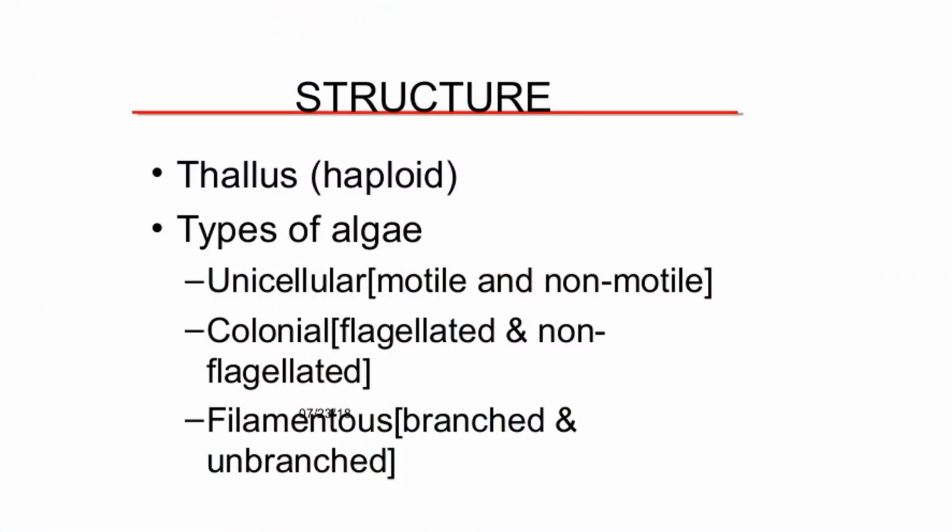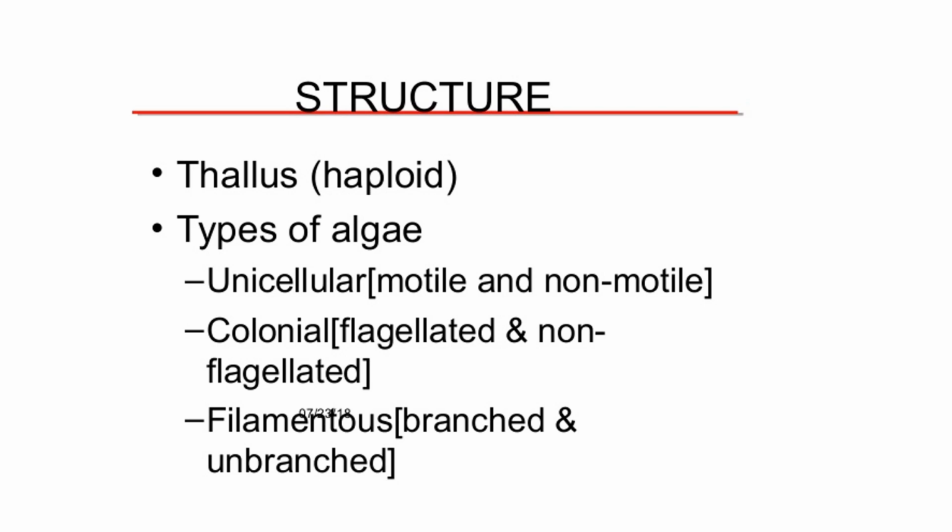First of all, you need to know what a thallus is. Thallus is mostly a haploid plant body, and it does not have a root, stem, or leaf, which are the differentiated plant body parts that a modern advanced type of plant has. Algae do not have this type. On the basis of the variety in the thallus, it has different types like unicellular, which is motile and non-motile; colonial, which is flagellated or non-flagellated; filamentous, which is branched or unbranched.